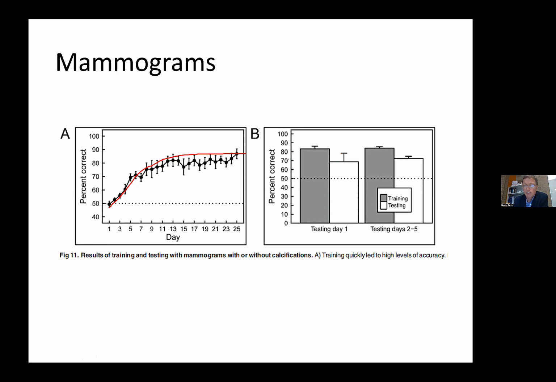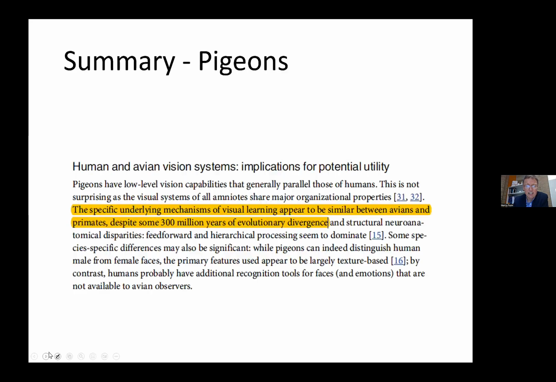And again, they're not as good at this particular task. It's a noisier task, but they get to a level of goodness that is certainly different than 50% chance.